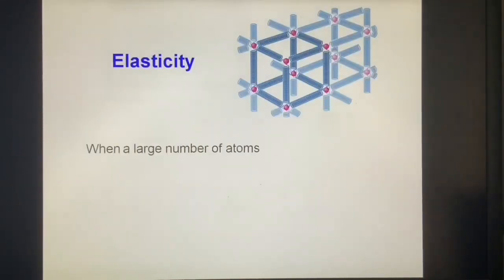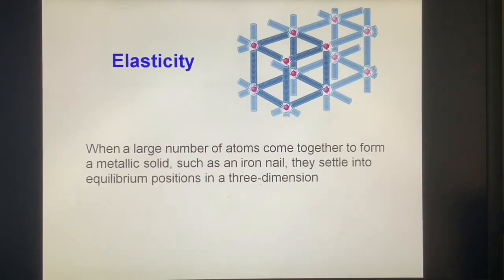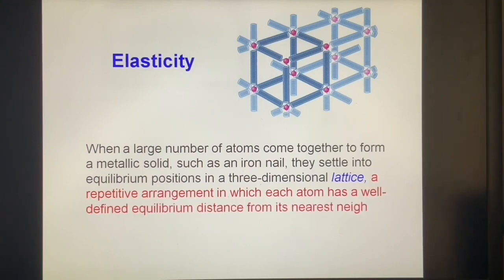When a large number of atoms come together to form a metallic solid, such as an iron nail, they settle into equilibrium positions in a three-dimensional lattice, a repetitive arrangement in which each atom has a well-defined equilibrium distance from its nearest neighbors.